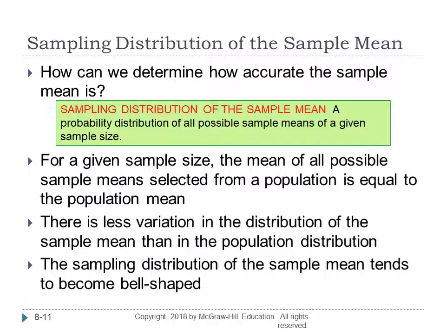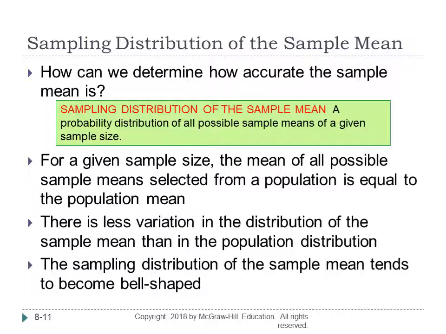For a given sample size, the mean of all possible sample means selected from the population, it turns out that the mean for that distribution will equal the population mean. Looking at the distribution for the sample mean, if we calculate the mean for that distribution, it will be the same as the population mean.